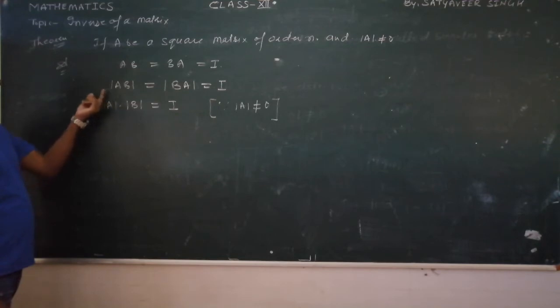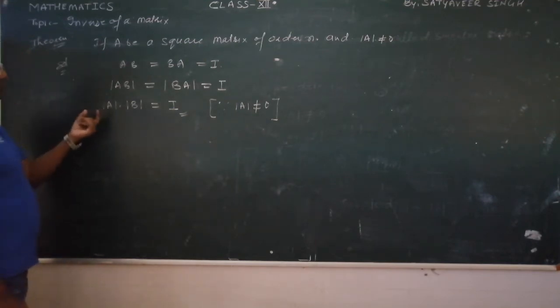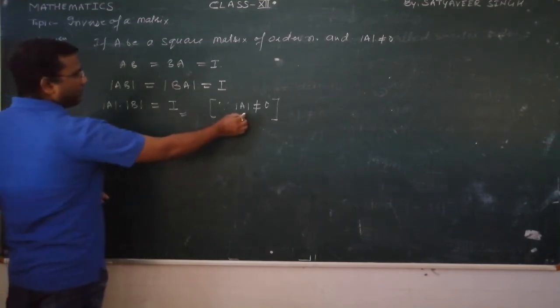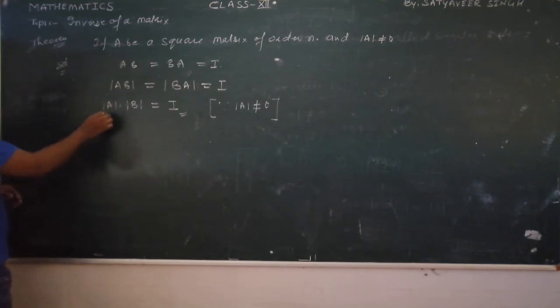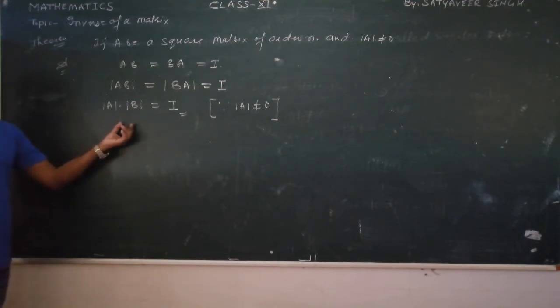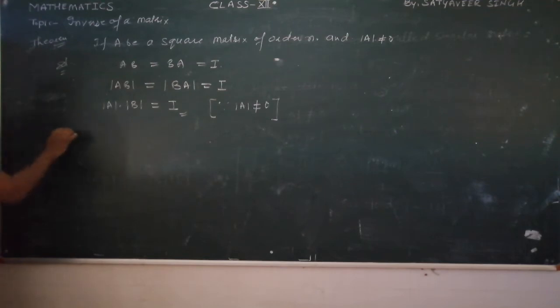It is a null matrix. Null matrix into B will be 0. It cannot be equal to the identity matrix. So the necessary condition for finding the inverse is that determinant of A should be not equal to 0, which means the matrix should be non-singular.